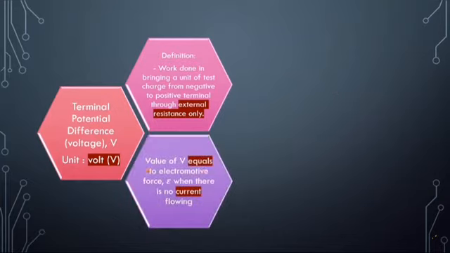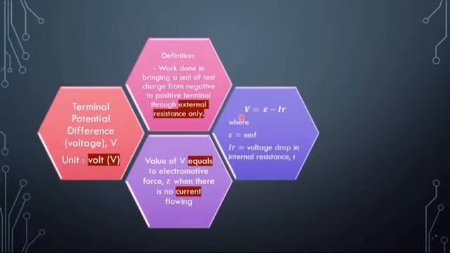The value of V equals the electromotive force, or EMF, when there is no current flowing. This means if our EMF is 6 volt and I is equal to 0, our value of terminal voltage will equal 6 volt, same as the value of electromotive force, EMF.